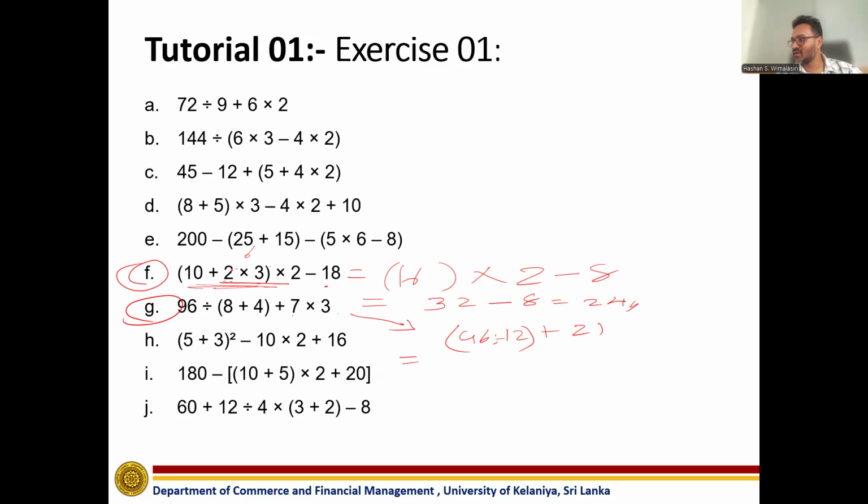First thing is inside the bracket, 2 into 3, 6. 6 plus 10, 16. 16 into 2, 32. And then, oh sorry, not the 8, it should be 18, no? Yes, that's how you got the 14. Thank you. So then here again 96 divided by 12, plus 21, means again you are getting 29.